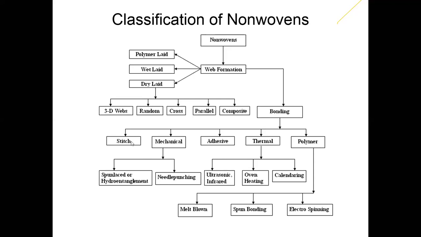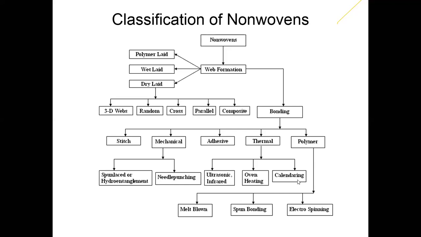In case of the mechanical process, we have further classification: spun laced or hydroentangled, and needle punching. In case of thermal, we have ultrasonic, infrared, thermal heating, oven heating, or calendaring.